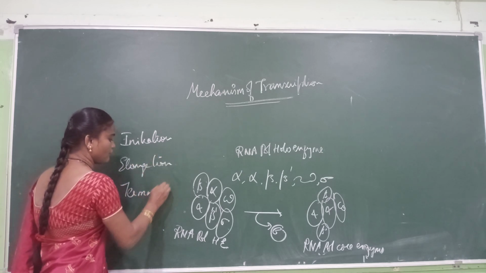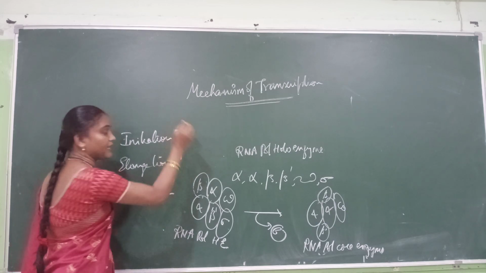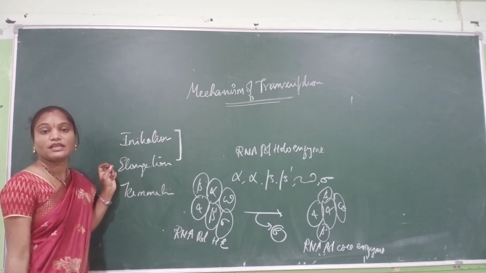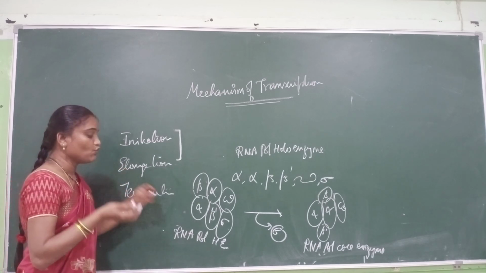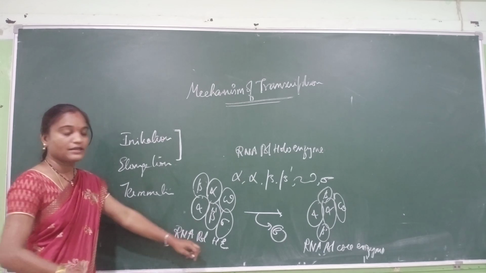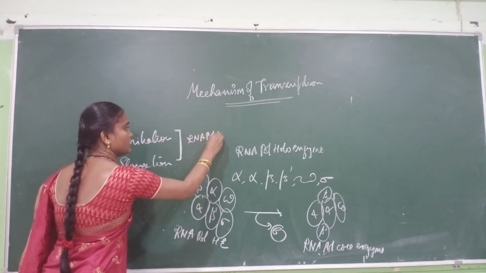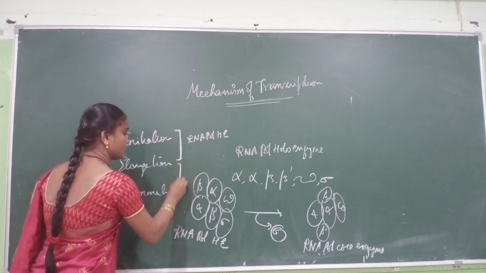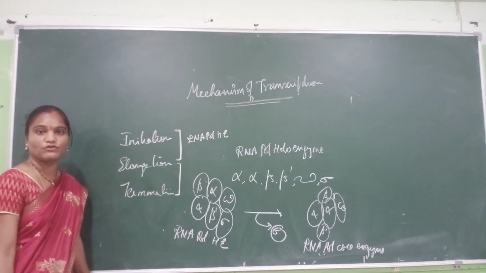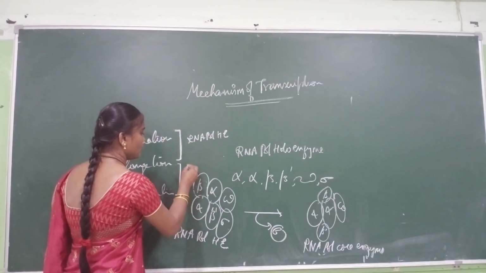The first half of the mechanism of transcription is carried out with the help of the enzyme RNA polymerase holoenzyme.